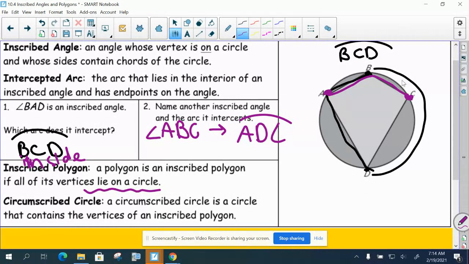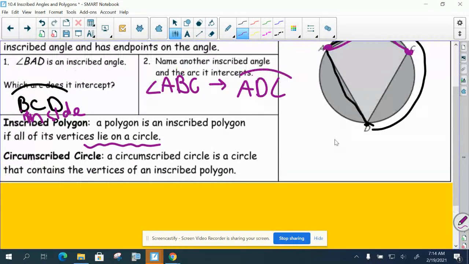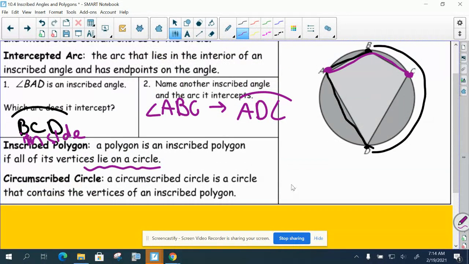So this would be a circumscribed circle because there's an inscribed polygon within it. And remember, an inscribed circle is like if you have a rectangle and a circle whose points are on the sides, so the circle is on the inside of the polygon.